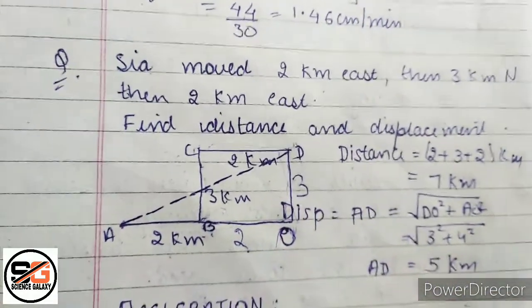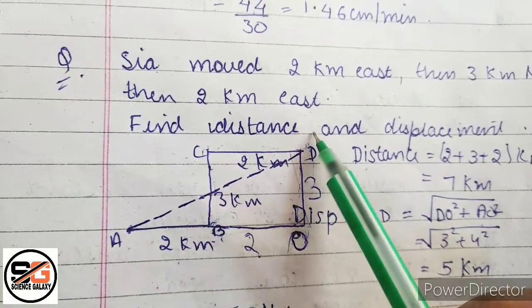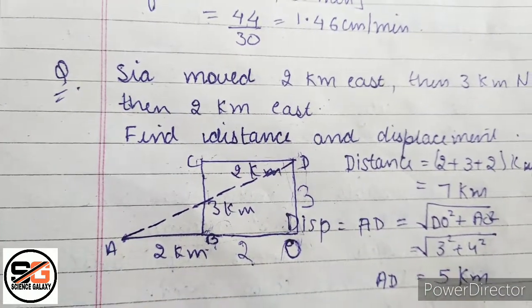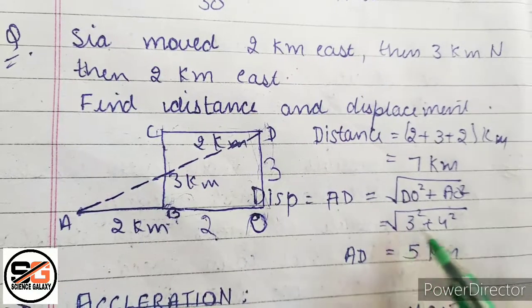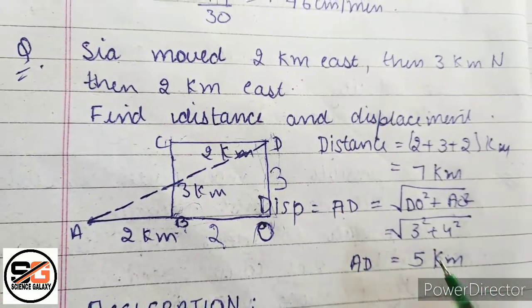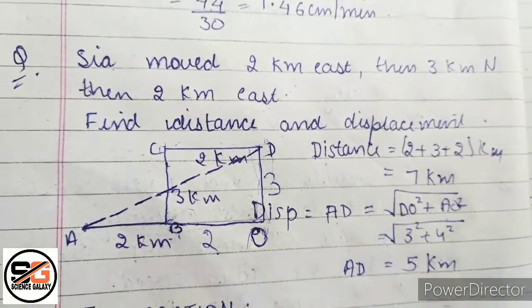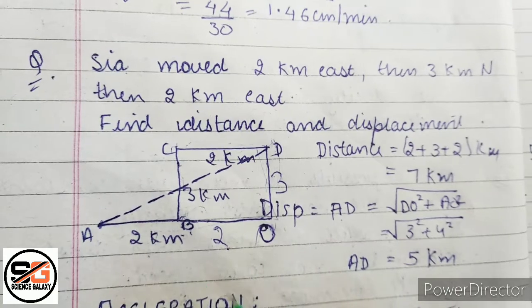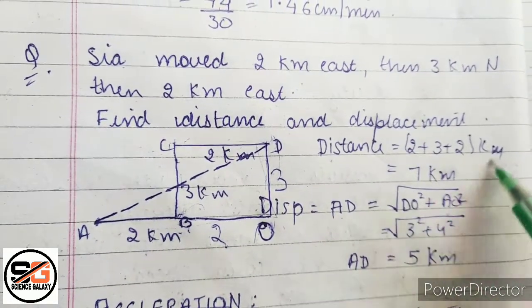is 3. We know by Pythagoras theorem, AD square equals OD square plus AO square, means 3 square plus 4 square. That would come out to be AD square is equal to 25 or AD is equal to 5 kilometers. So the displacement would be 5 kilometers while the distance is 7 kilometers.